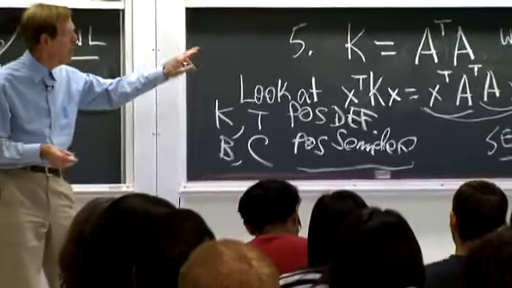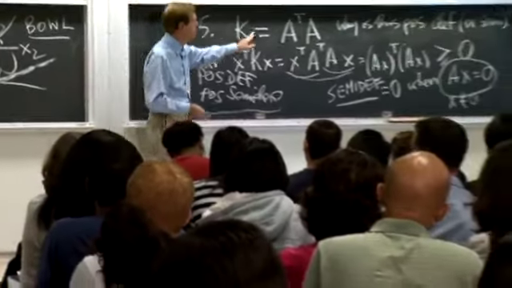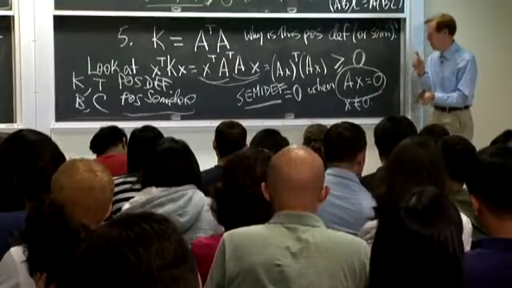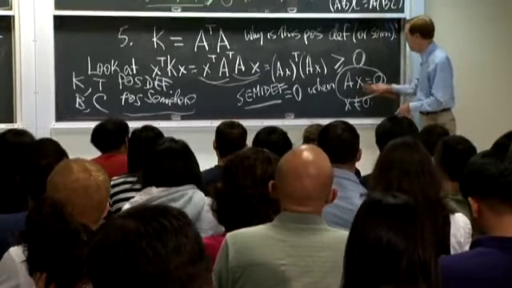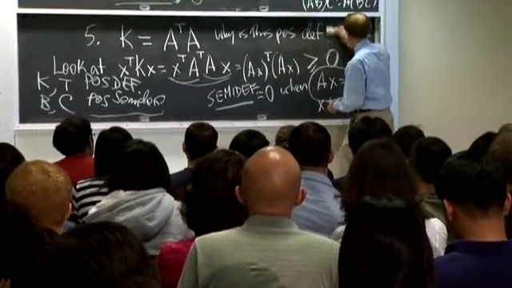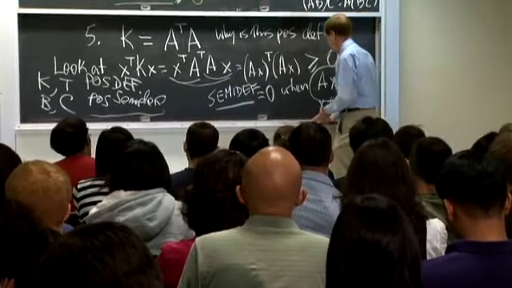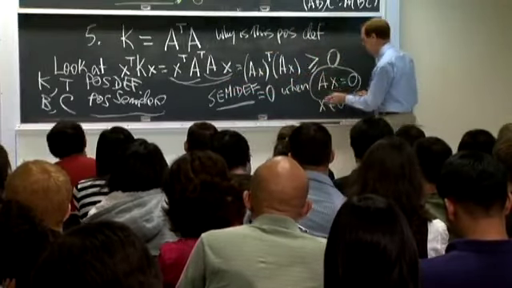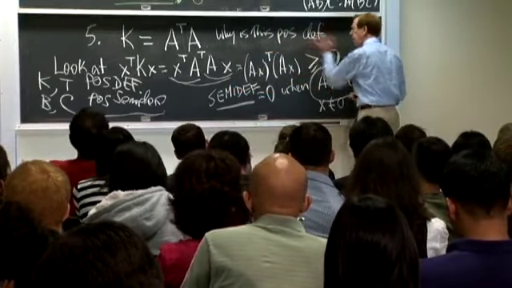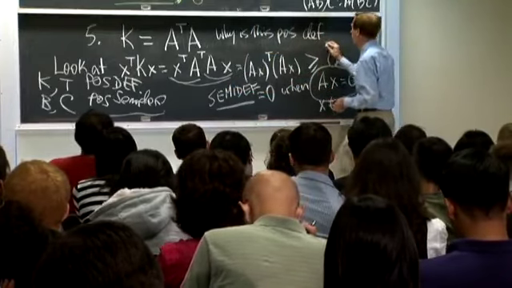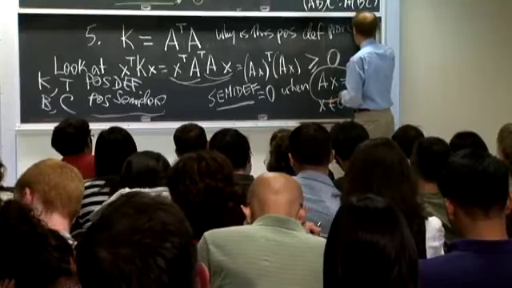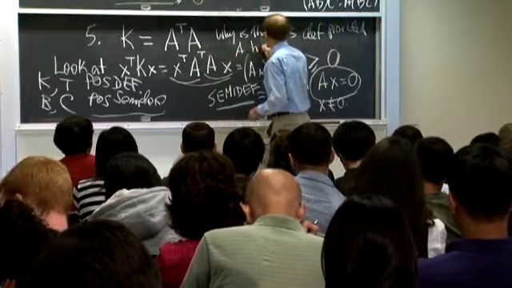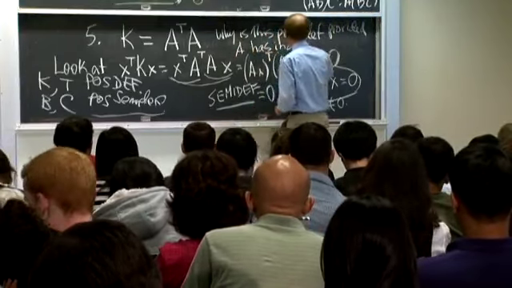Maybe I better say this another way. When is this positive definite? Can I use just a different sentence to describe this possibility? So what I'm going to write now is to remove this possibility and get positive definite. This is positive definite provided A has independent columns.